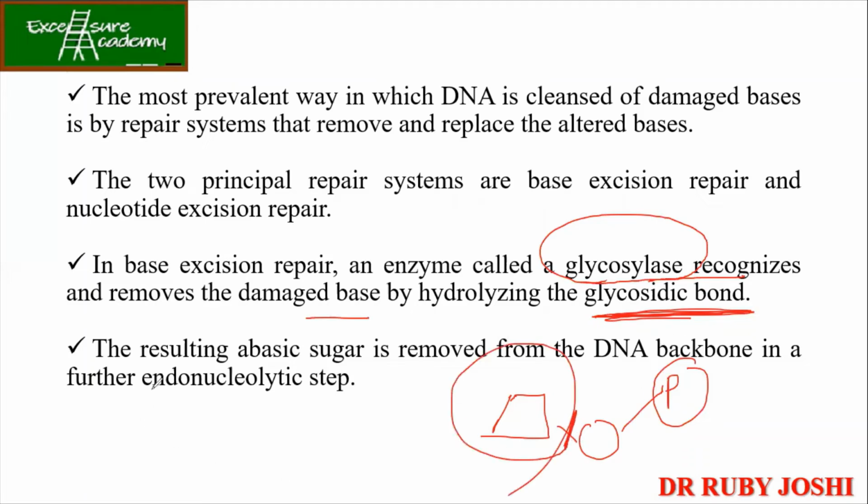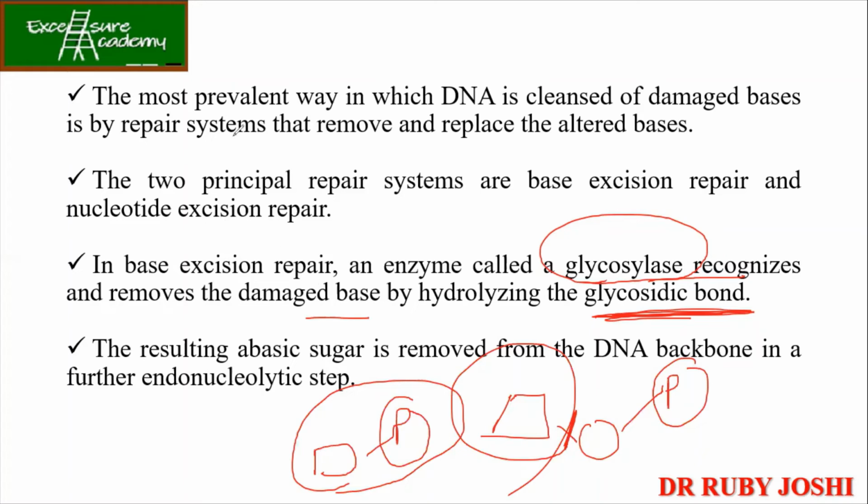The resulting apurinic or apyrimidinic sugar is removed from the DNA backbone in a further nucleolytic step. At the end, you just have the sugar and the phosphate group. हम क्या करेंगे next? हम इस चीज को ही पूरा निकाल देंगे. ठीक है? Later again a new nucleotide will be added against the template and it will be resealed. तो ये हो गया आपका basic कैसे your base excision repair mechanism is working.